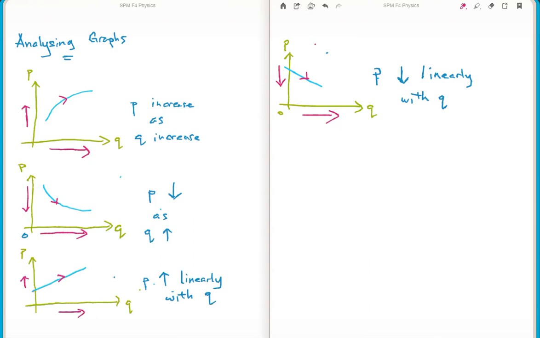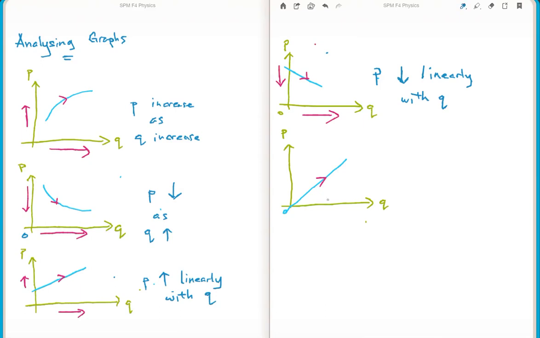That is because it doesn't start at 0, because you have a y-intercept. Now, what happens if you have no y-intercept? You have a graph that starts from 0. P against Q, when 0 is 0, then it goes straight up. So this is directly proportional.